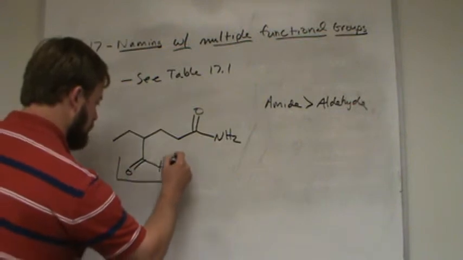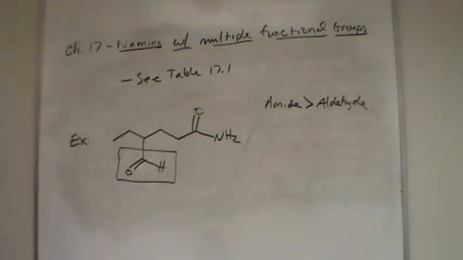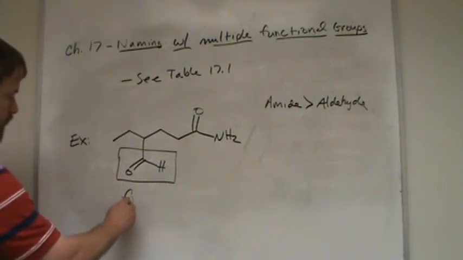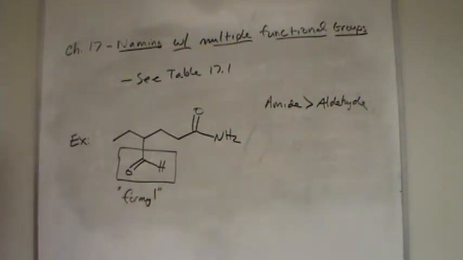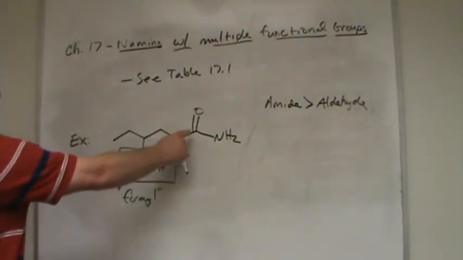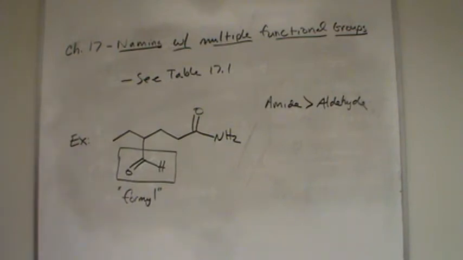So this is going to be treated as a prefix, and we'll call it formyl. This is a formyl group. Remember formic acid or formaldehyde? So this is a formyl substituent, or a formyl prefix, excuse me. So now we're going to number where our highest priority gets as low as it can.